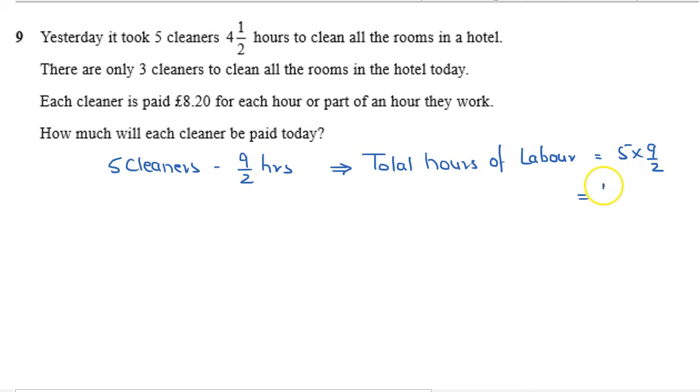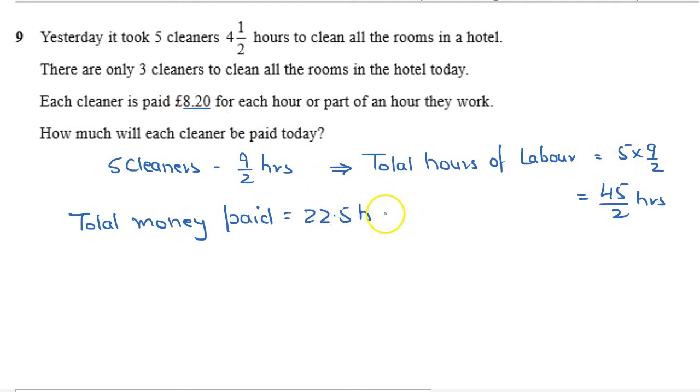That is 45 over 2 hours. Each cleaner is paid 8.20. So total money paid, this is 22.5 hours and per hour is 8.20.